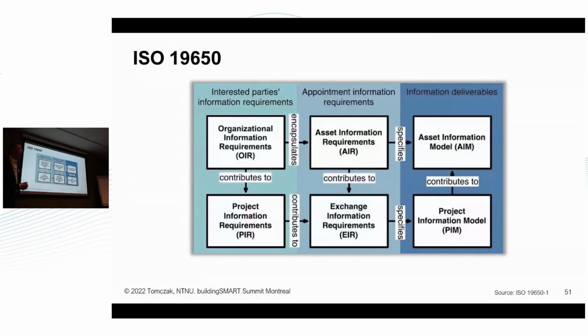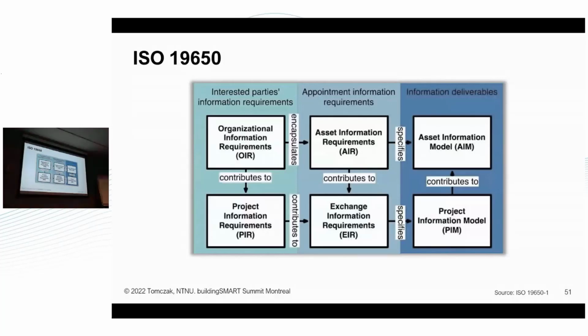We should prepare a project-specific set, for example, exchange information requirements, and more organization-specific information requirements that are not related to one project. So for example, let's say your company wants to measure circularity of all of your projects, so they should define requirements for that.